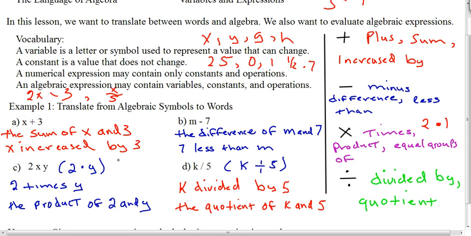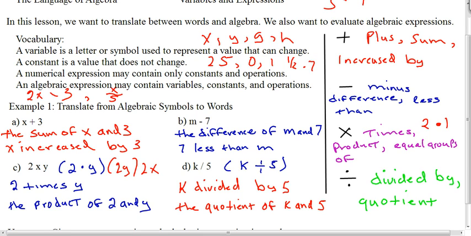I'm going to tell you something else. You can also see this as 2y, which will let you know anytime you see a constant and that constant is written directly next to a variable, as in 2x, it means to multiply.